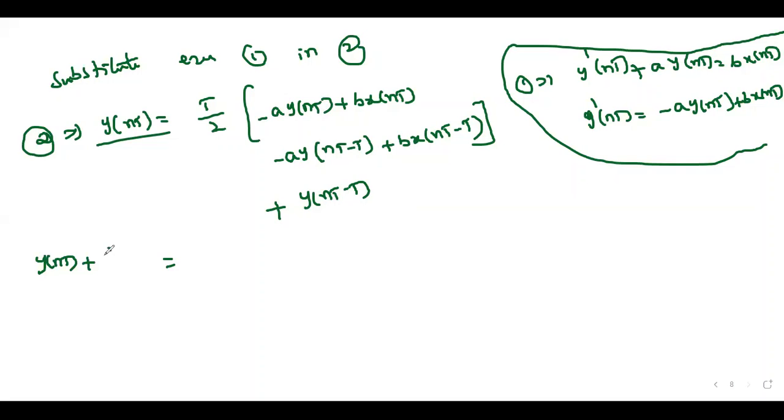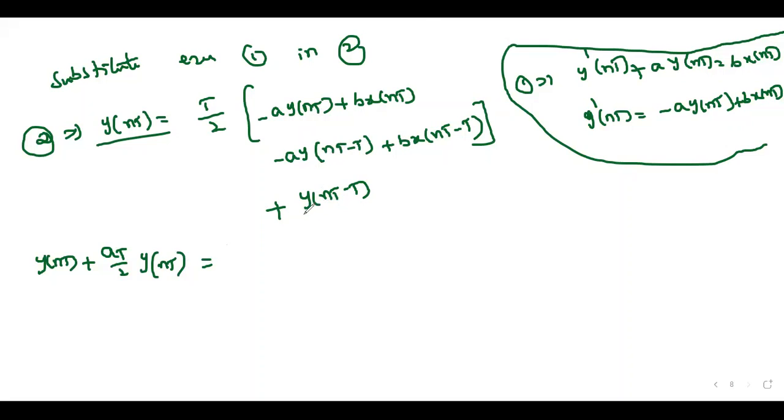So a into T by 2 into y of nT, that's it, is equal to the y of nT minus T terms.